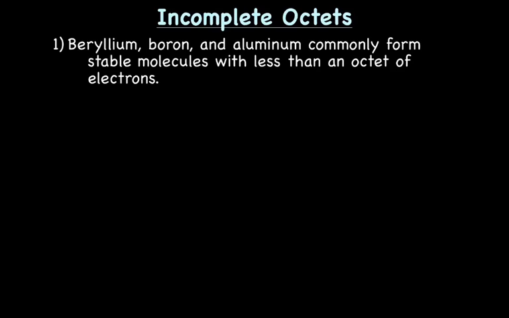So let's say we have boron. Boron has 3 valence electrons. That's it.